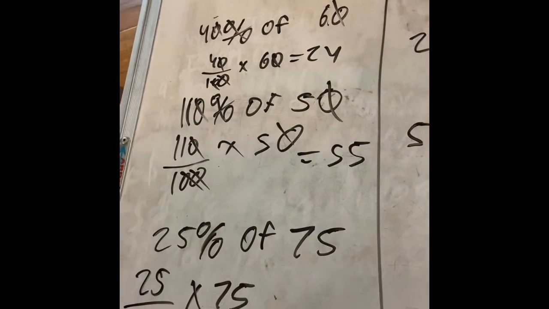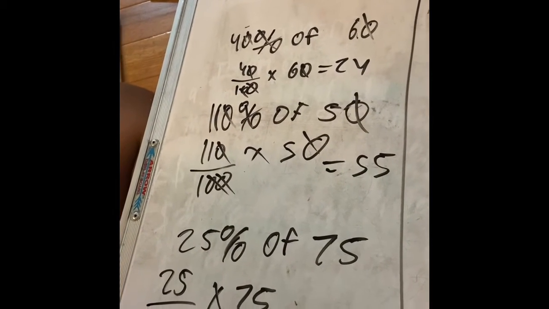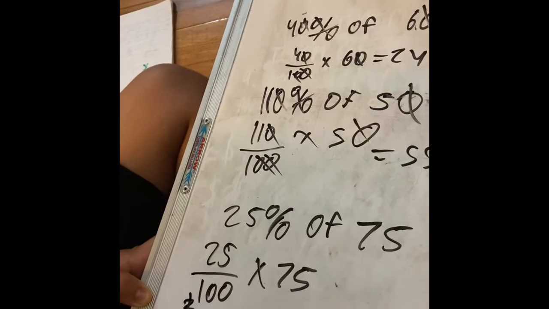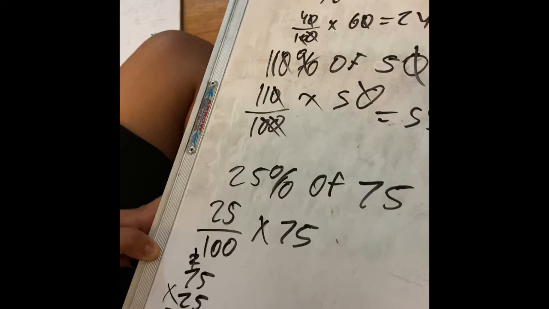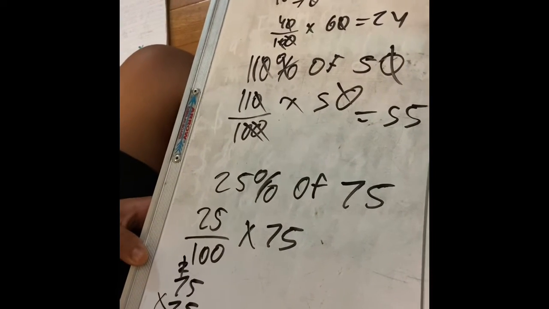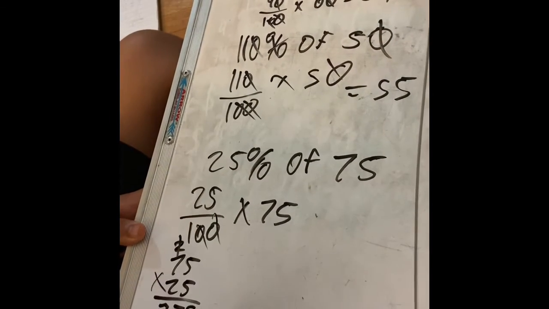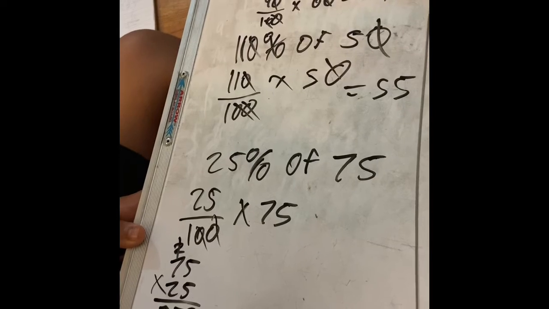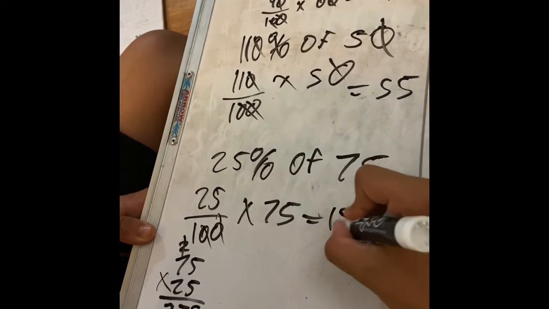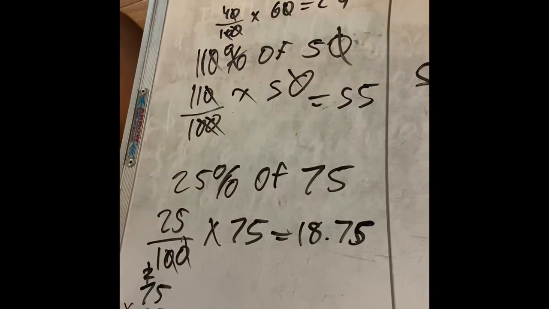So what we can do is 75 times 25, which is equal to 1,875. Now we have these two zeros remaining. So if we just cancel these two zeros, we're going to move the decimal places 2 places, and now we get 18.75.